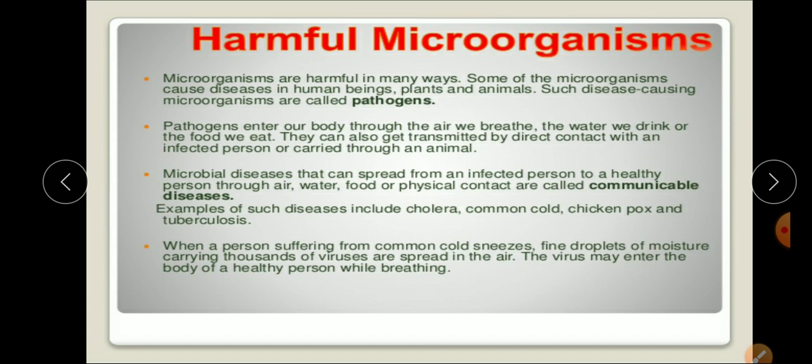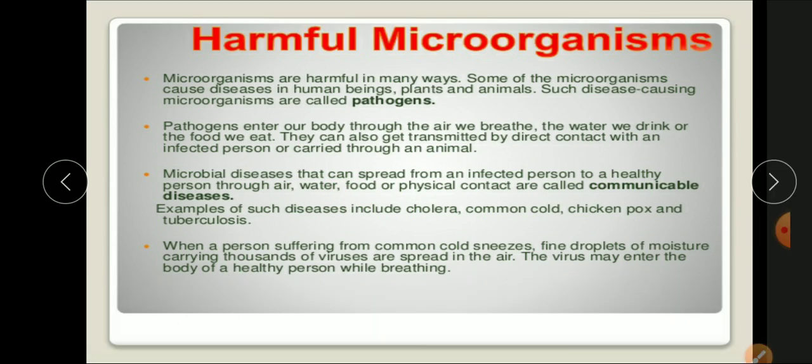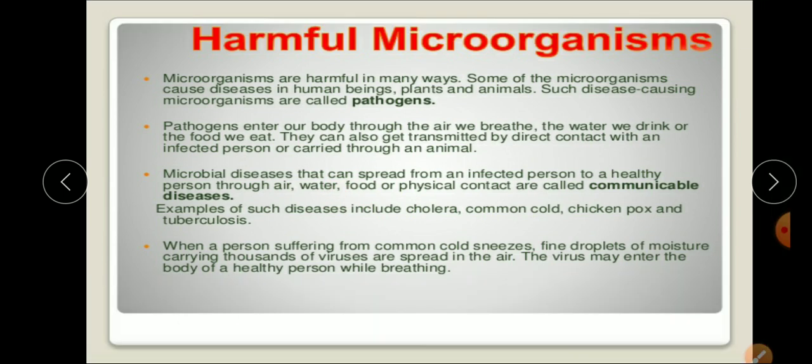This type of microbial disease that can be spread from an infected person to a healthy person through air, water, food, or physical contact, we call a communicable disease. Examples of such diseases include cholera, common cold, chickenpox, and tuberculosis.